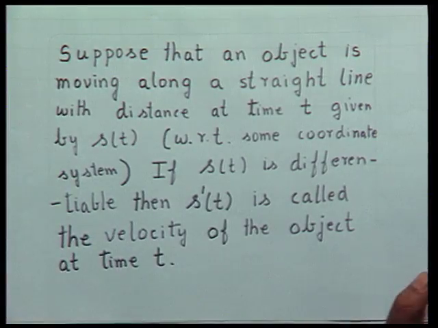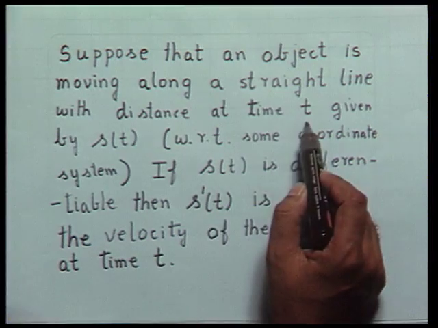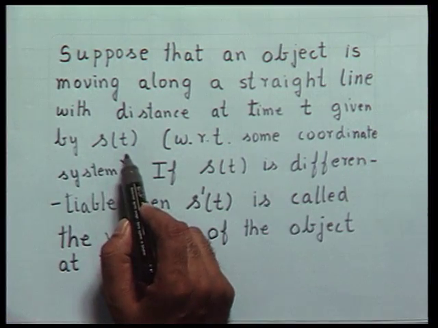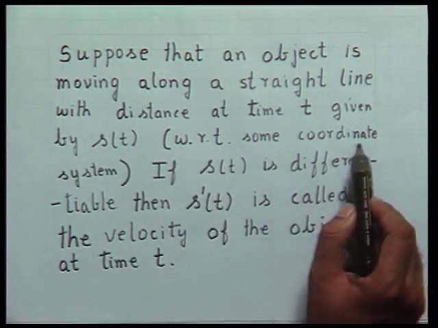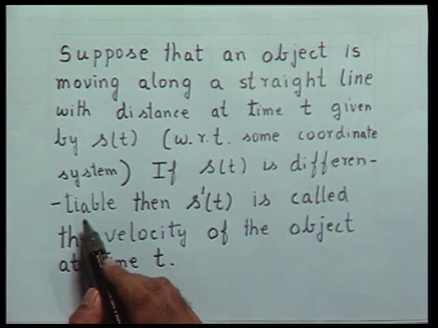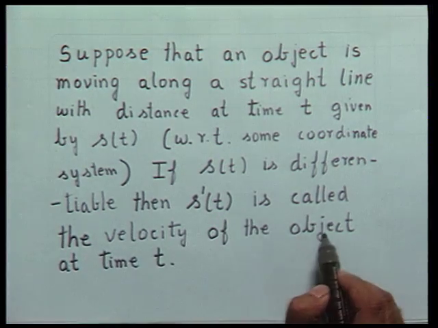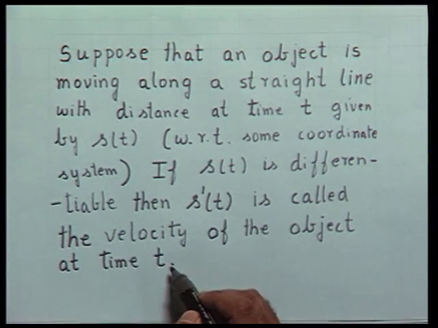I have this written down for you over here. Let us take a look at that. Suppose that an object is moving along a straight line with distance at time t given by s(t). This is with respect to some coordinate system. If s(t) is differentiable, then s'(t) is called the velocity of the object at time t.